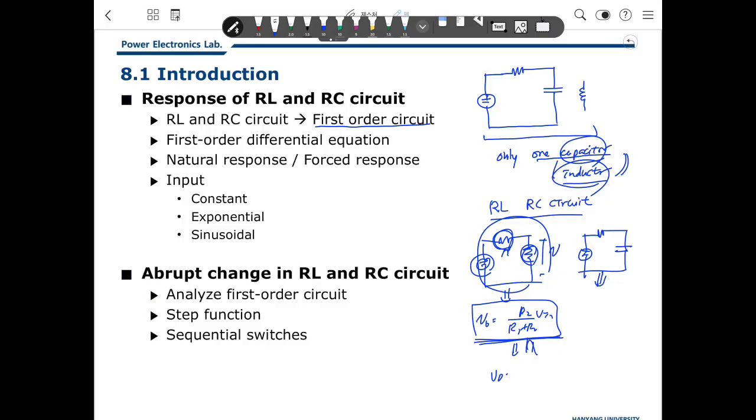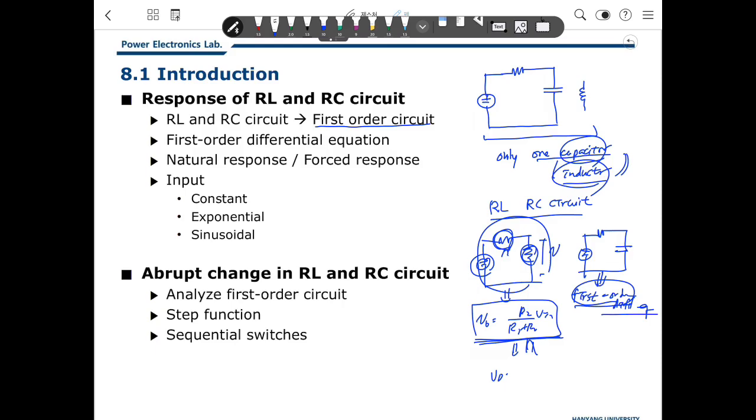That is the first order differential equation. Maybe you learned differential equations in engineering mathematics when you were a freshman. So we will use that. The order of the differential equation is first order because there is only one capacitor or one inductor.